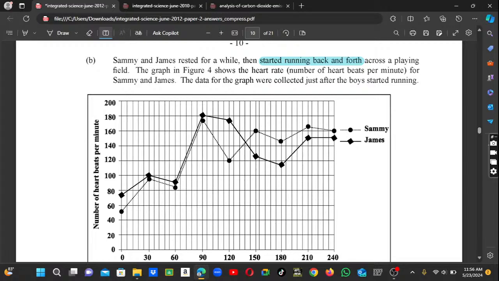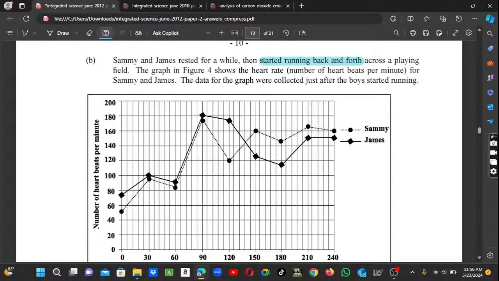So here we can see a graph. Sammy and James rested for a while, then started running back and forth across a plain field. The graph in figure 4 shows the heart rate, the number of heartbeats per minute.